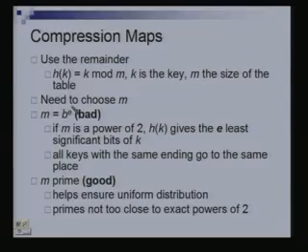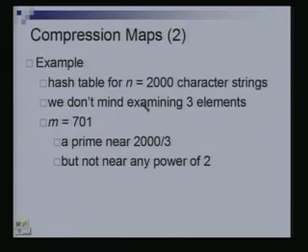You should not take your m in this case. If you are using this simple compression map, then you should not pick the size of your hash table to be some power of 2. In fact, it helps if you take the size of the hash table to be a prime number. To give you an example, suppose I had 2000 strings that I was trying to put into a hash table.